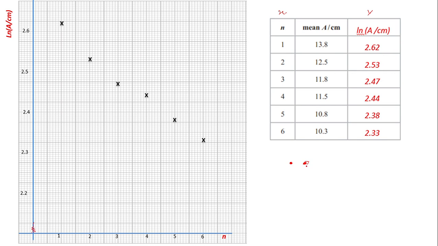If the dot is covering more than half of your small box, then you will lose marks. So it is suggested that instead of dot, we should use cross. So this cross is showing the point. And because I did this on this screen, you might have a little bit different or a little bit closer.